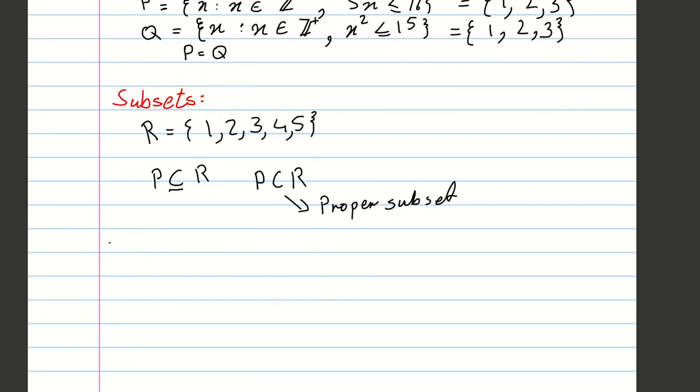Now let's look at all the properties of sets. Suppose we have a set A, this could have any values, but any set has these properties.